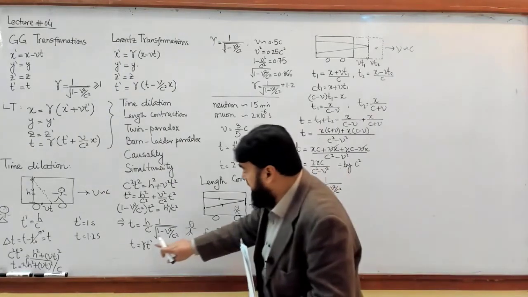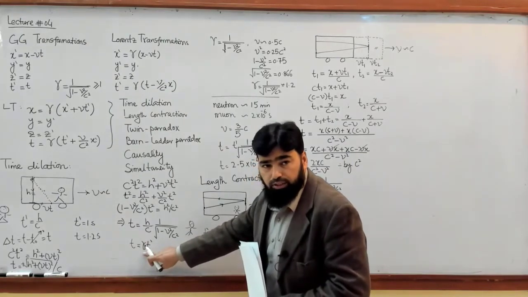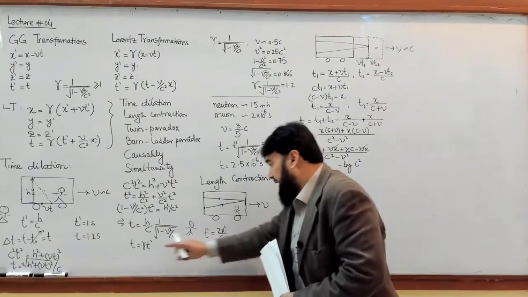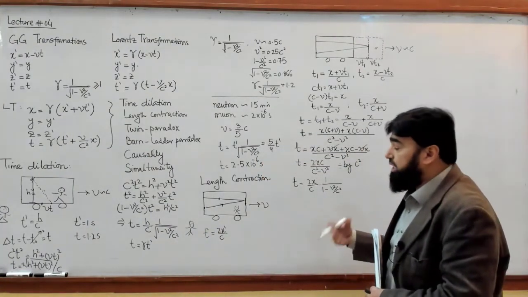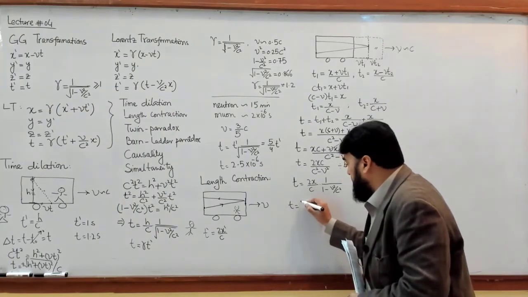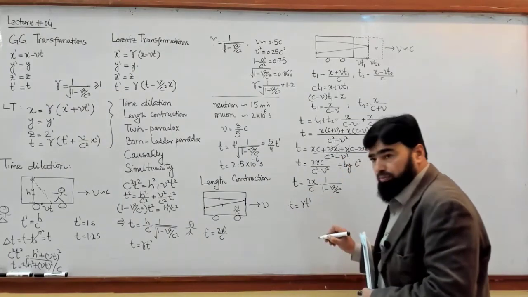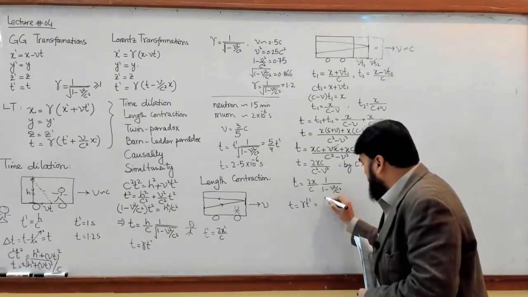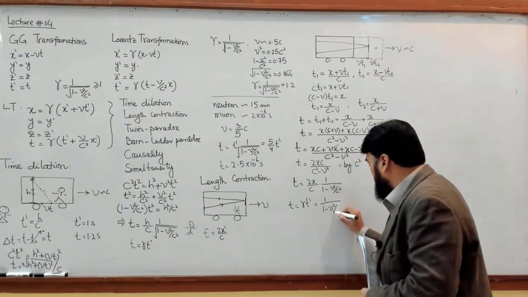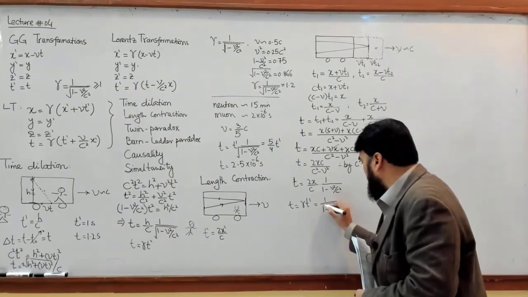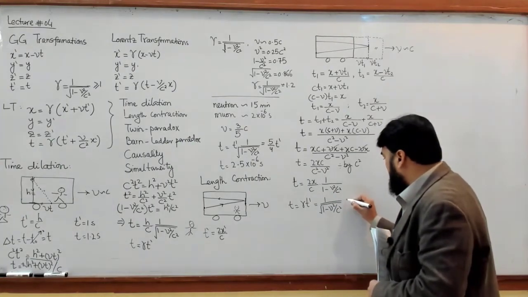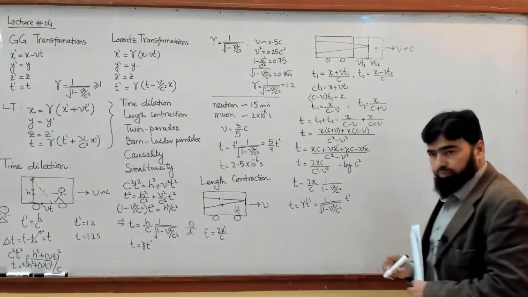As we have already calculated the time dilation factor, which is why I told you it's a consequence of this, t is equal to gamma times t prime. Gamma means 1 over the square root of 1 minus v squared over c squared.